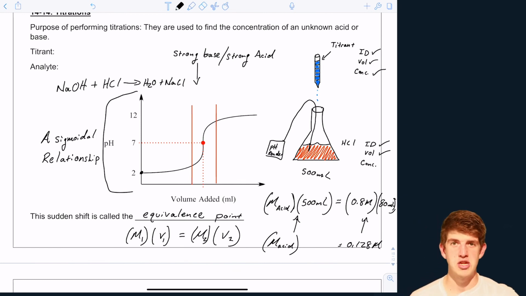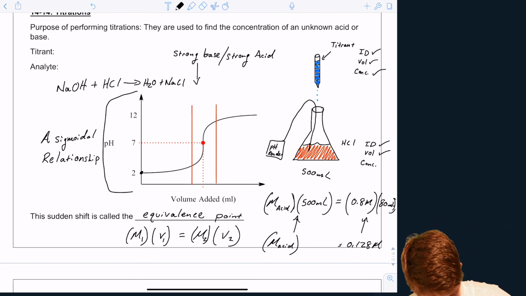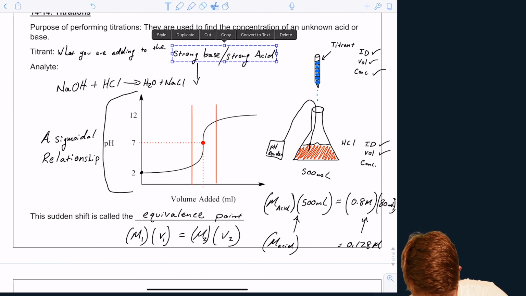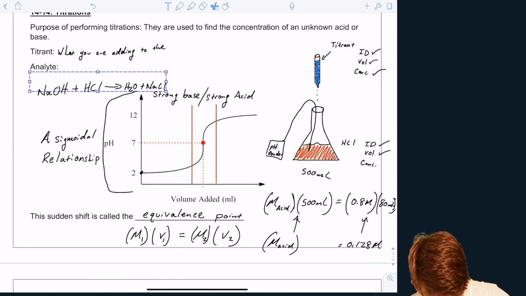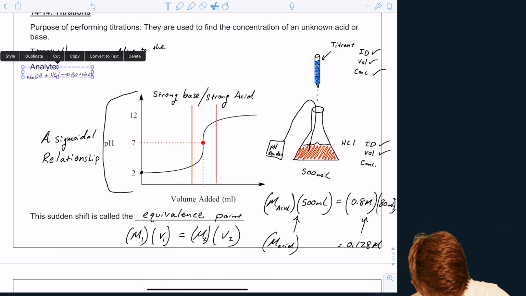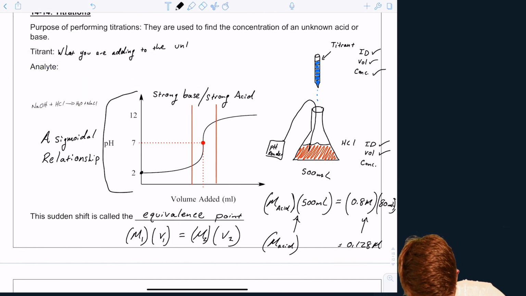So that's the only major relationship you need to know. Know what a titrant is: what you are adding to the unknown concentration liquid.